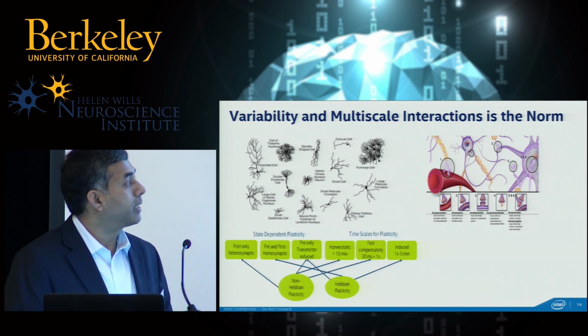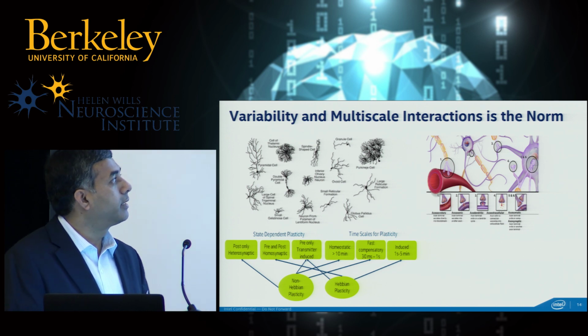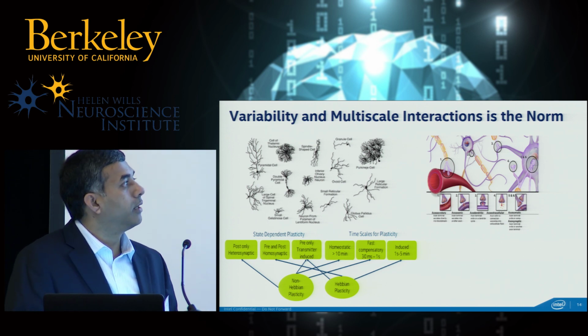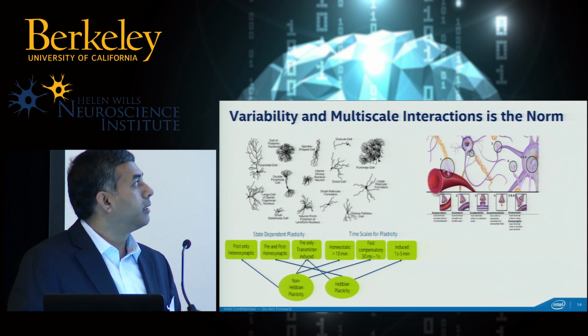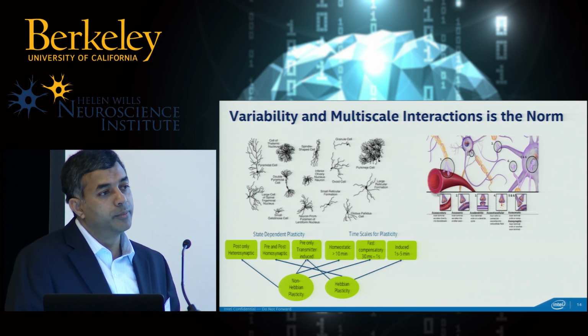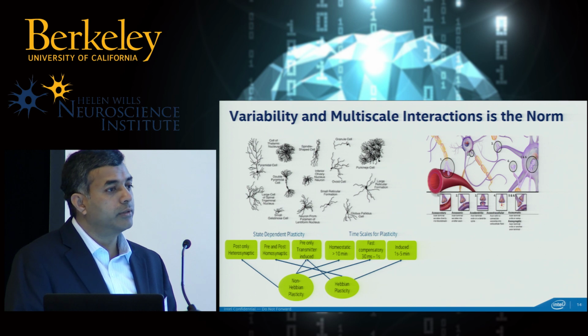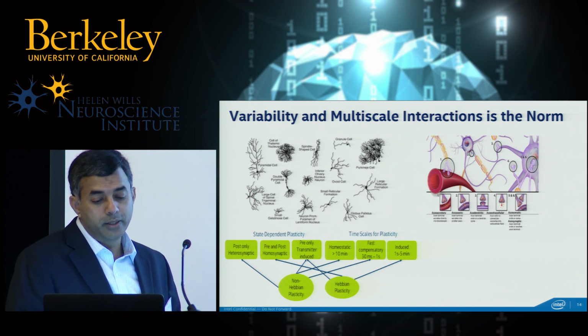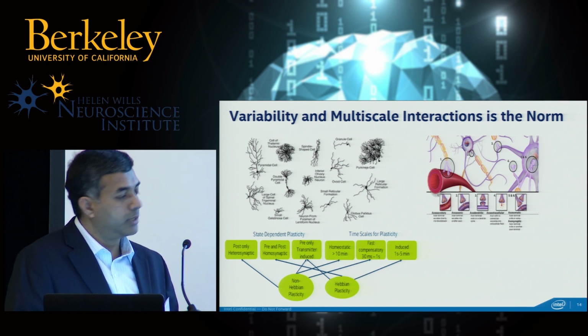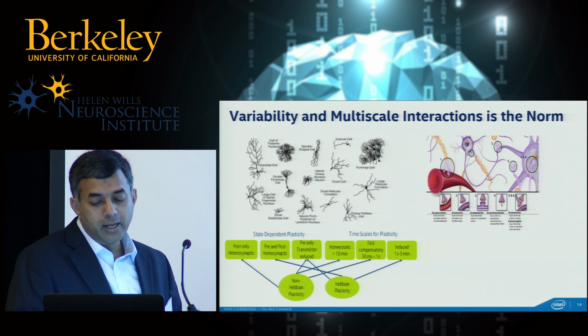And it seems like for plasticity itself, there is a state dependence as well as time scales for these plasticity mechanisms. What I mean by state dependence is that in some cases it depends on the pre- and postsynaptic state of the neuron, of the spikes that get through the neuron, or maybe just the postsynaptic neuronal states, or just the presynaptic inputs such as transmitter-induced ones, as well as time scales.